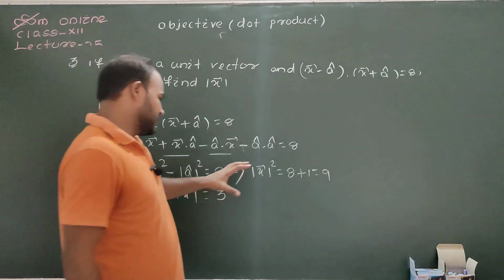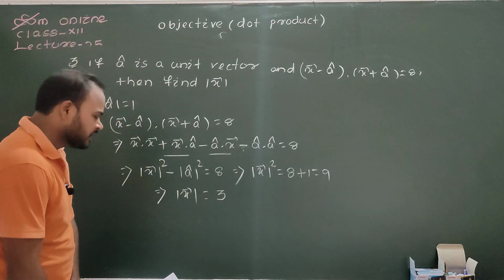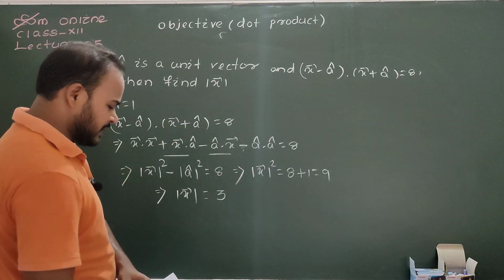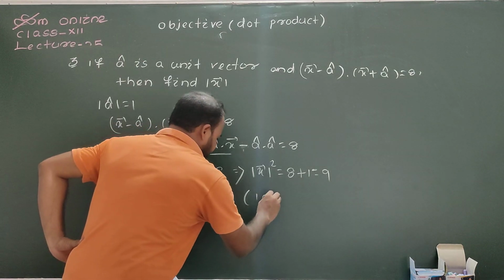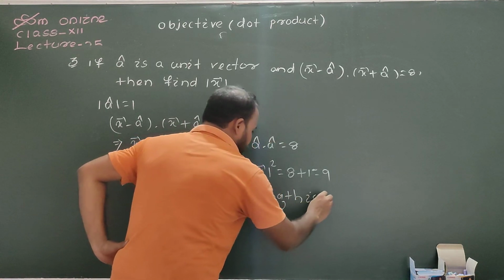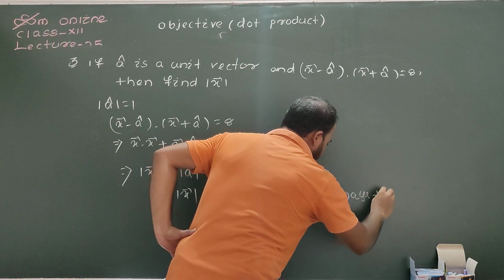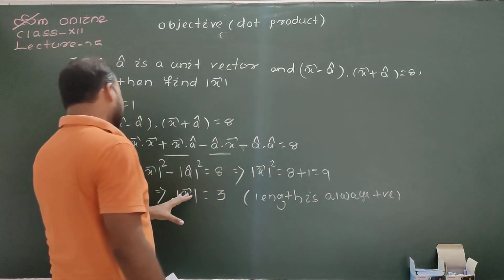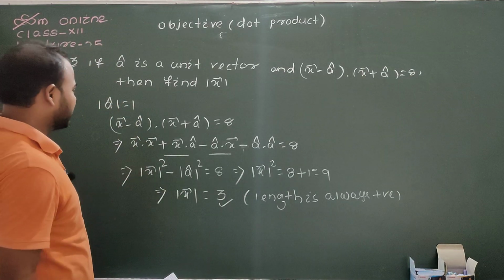In algebra, x square equals 9 gives x equal to plus or minus 3, but magnitude cannot be negative. Length is always positive, so the magnitude of x equals 3. So 3 is the correct answer.